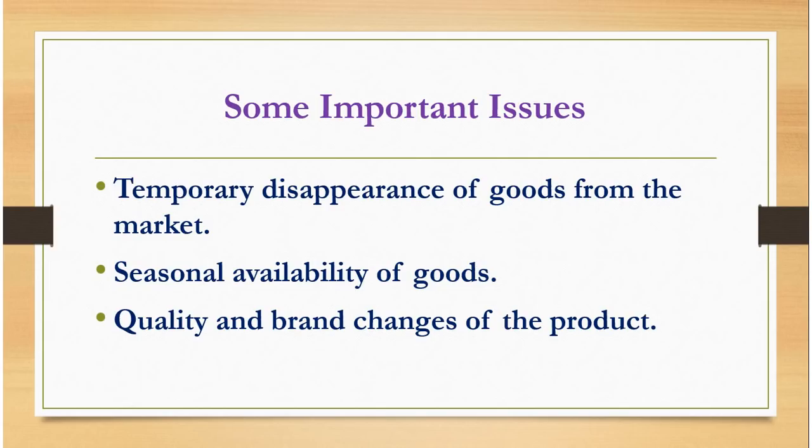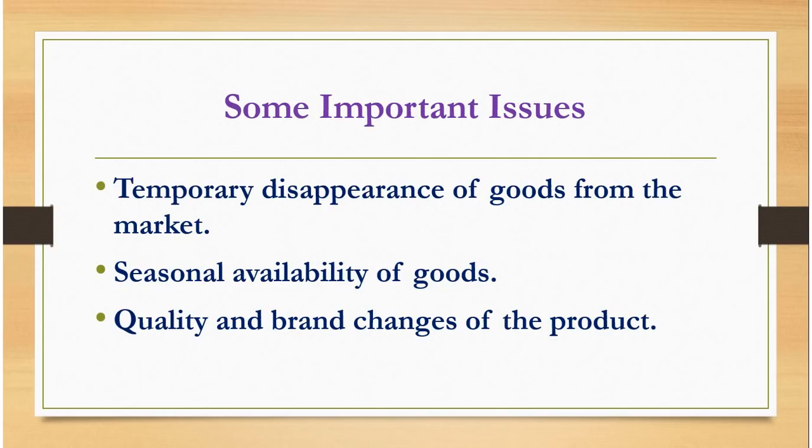There are some important issues while calculating the CPI. The first one is some of the goods may disappear from the market temporarily, for example for 1 month. In that case, price of those goods cannot be collected and the CPI index calculation becomes problematic. So we should adjust some way for those cases. The next one is seasonal availability of goods.